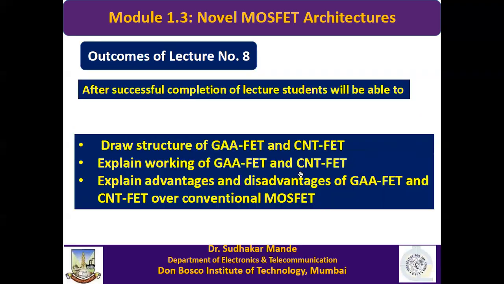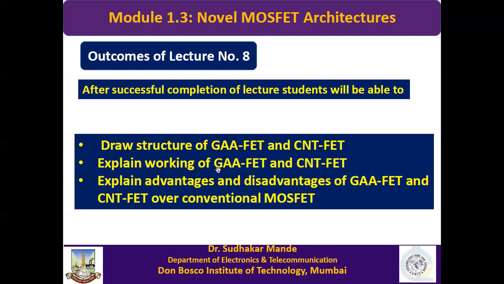After completion of this lecture number 8, what will you know? You will be able to draw the structure of GAA FET and CNT FET. GAA FET means gate all around FET, and CNT FET means carbon nanotube FET.